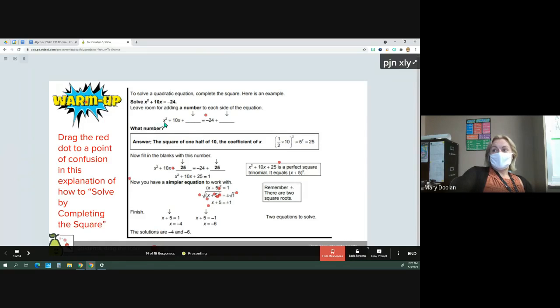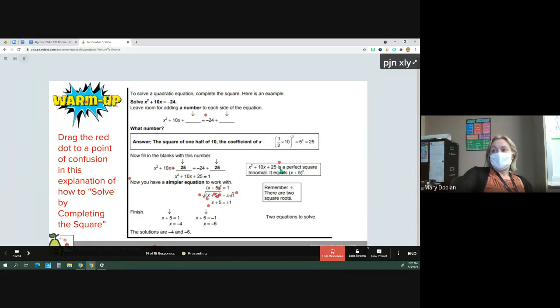So x squared plus 10x plus something will give me a factored product of binomials. So right here, x squared plus 10x plus 25 is a perfect square trinomial. Putting a 25 here will make it so this just turns into x plus 5 squared.